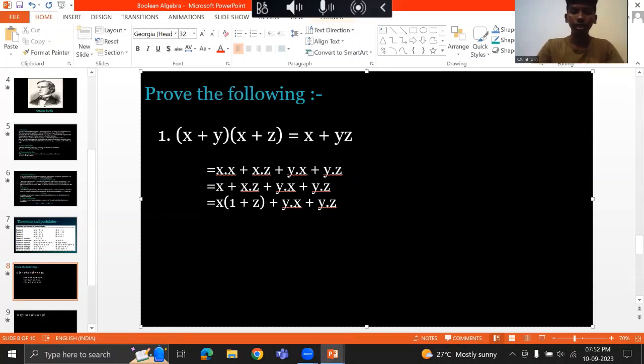Or before that, x plus 1 equals 1. Just like that over here, it will be 1 plus z equals 1. So it's going to be x into (1 plus z), that is 1. So x into 1 is x.